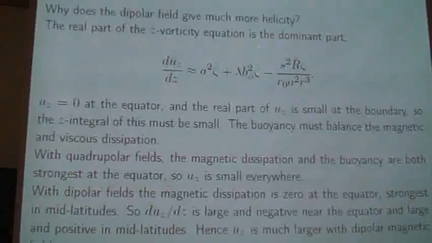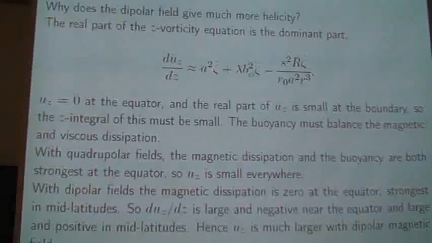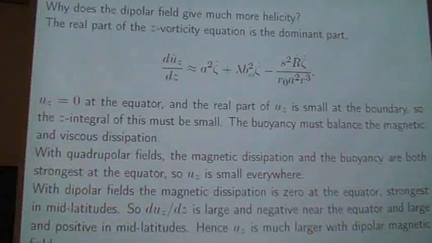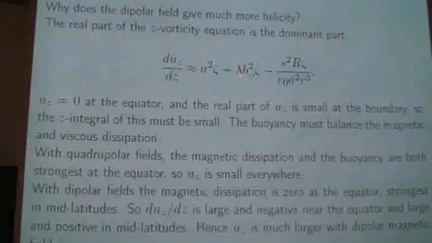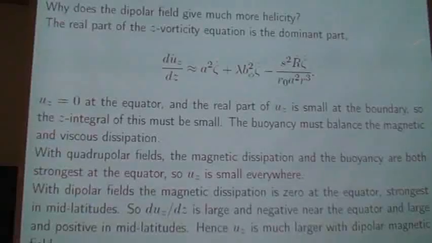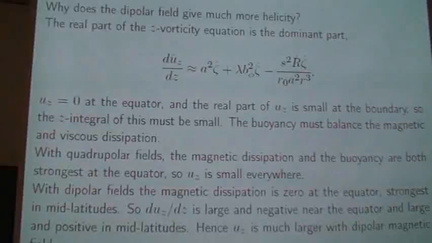Near the equator, that's 0, so everything's got to be balanced by the viscous dissipation. Further up, this thing comes in a big way, where this is a strong effect, so there this thing becomes positive. Near the equator, it's basically negative, so it's changing a lot, so that means the UZ you get out by integrating that equation is large.